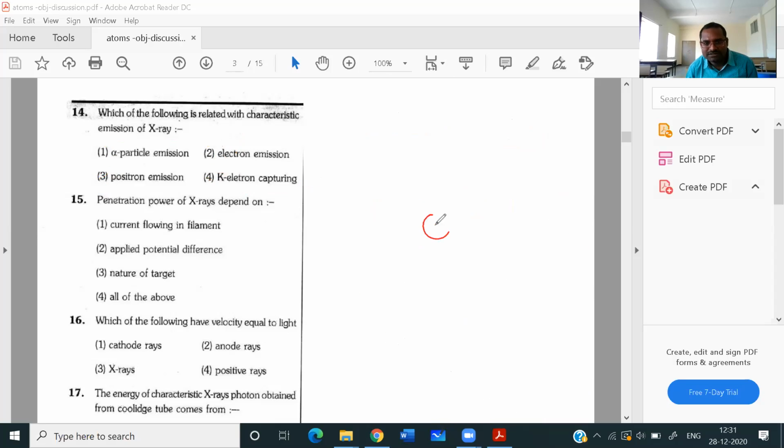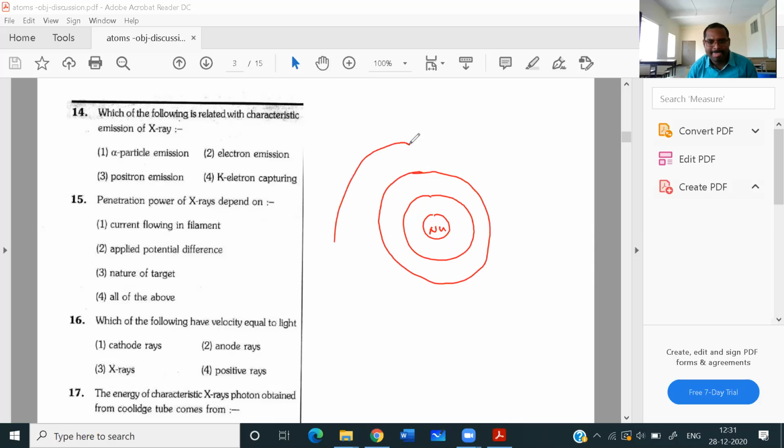This is the nucleus, K shell, L, M, like this. Let us imagine some electrons are here like this.